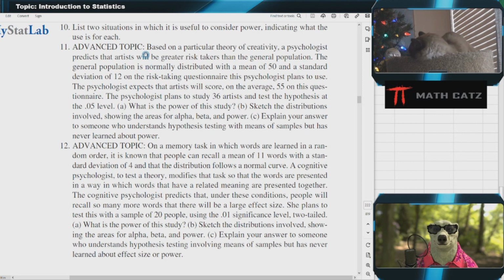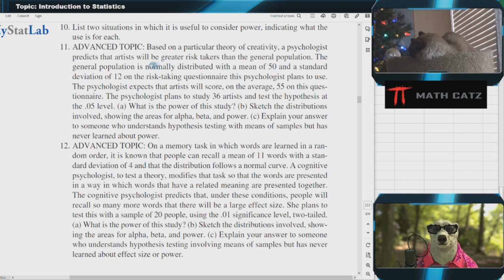Let's read it first. Based on a particular theory of creativity, a psychologist predicts that artists will be greater risk takers than the general population. The general population is normally distributed with a mean of 50 and a standard deviation of 12 on the risk-taking questionnaire the psychologist plans to use.